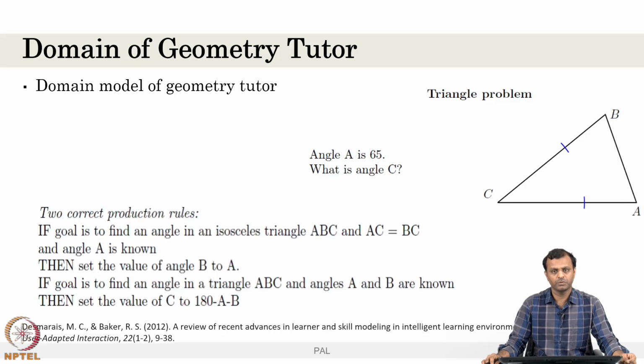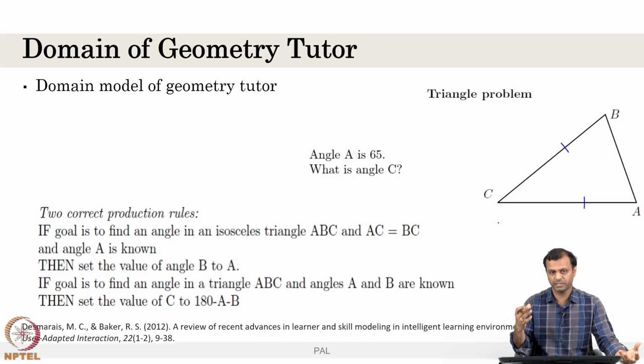So you have to go. The production rule is very simple. If the goal is to find an angle in an isosceles triangle, because the two sides are equal, this is an isosceles triangle, and AC is equal to BC, it can be anything.